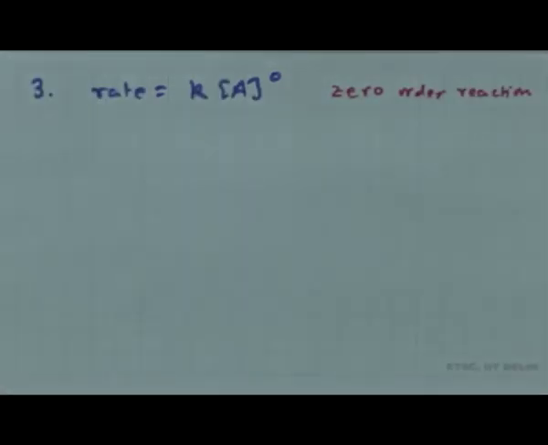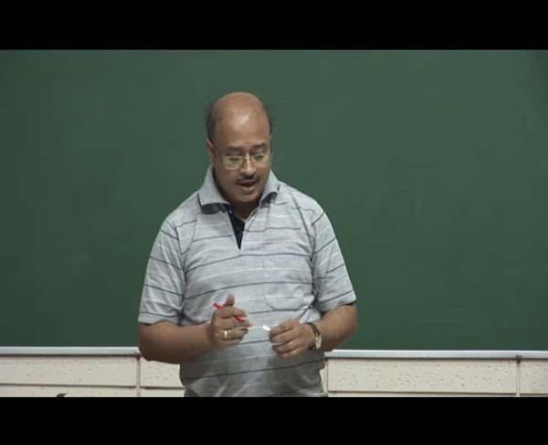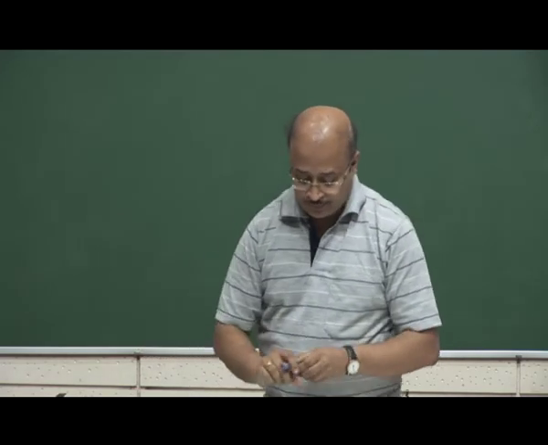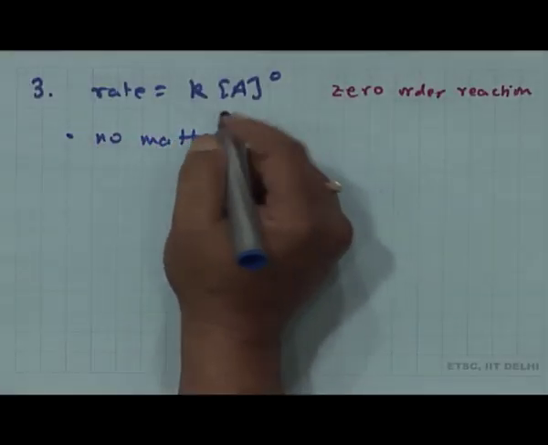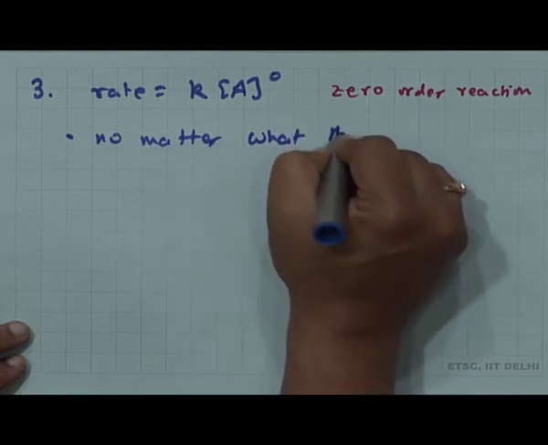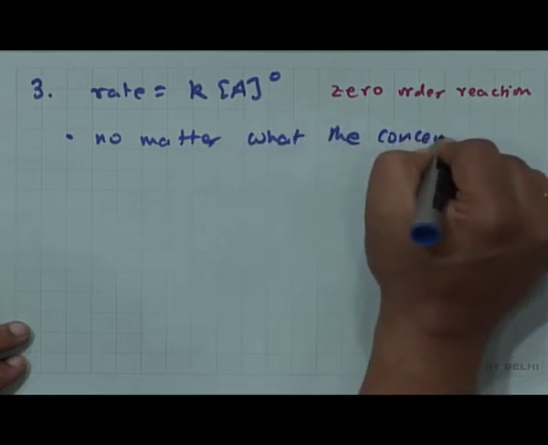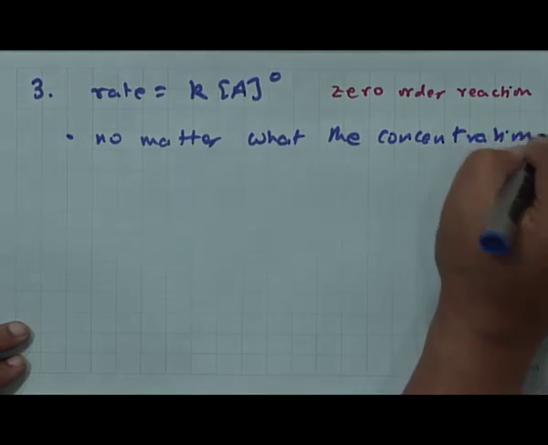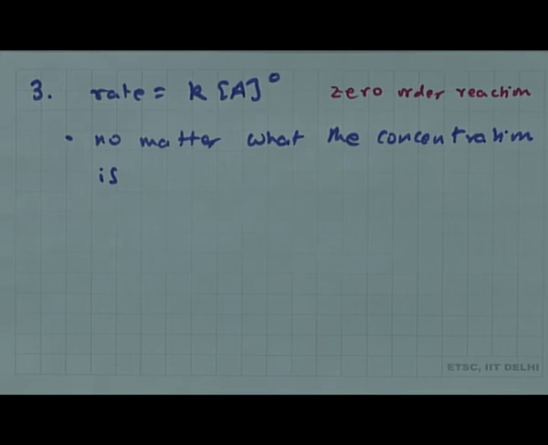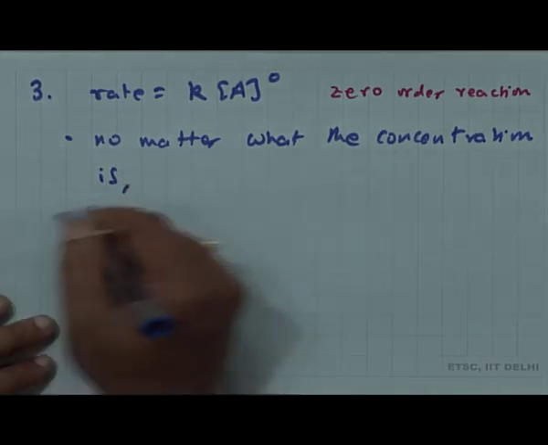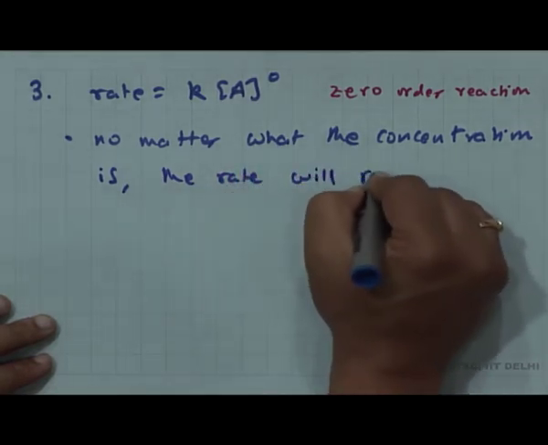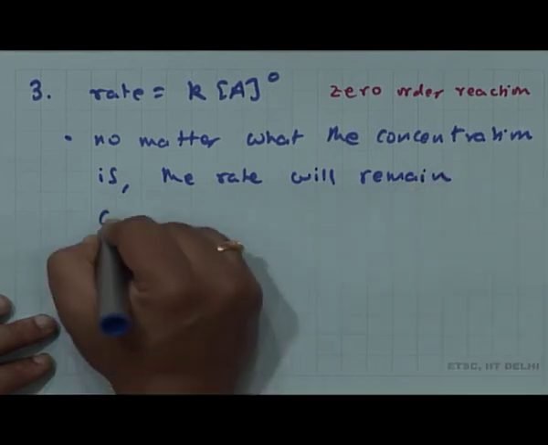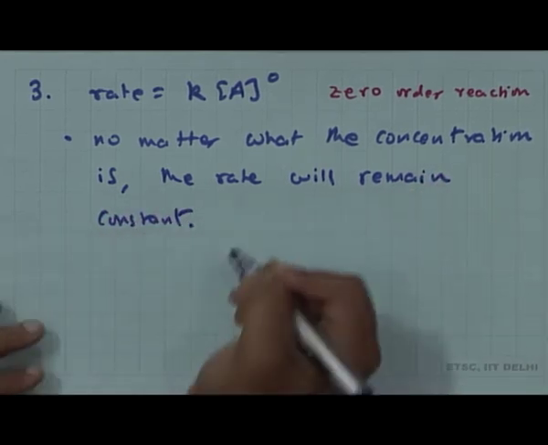That means the rate is 0 order with respect to the concentration of the reactant, which is A. So, no matter what the concentration is of A, the rate will remain constant, right.